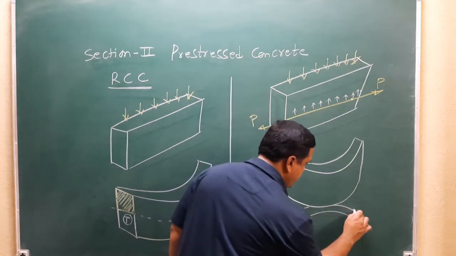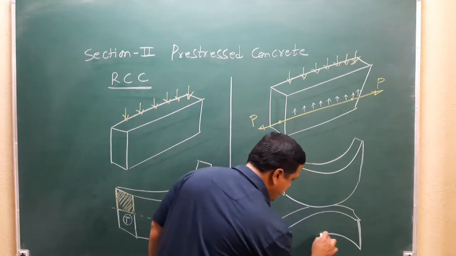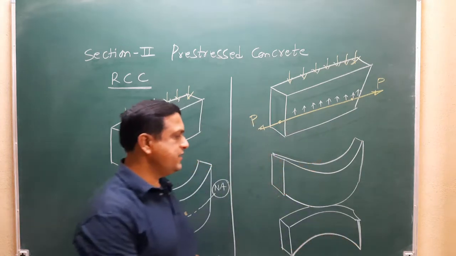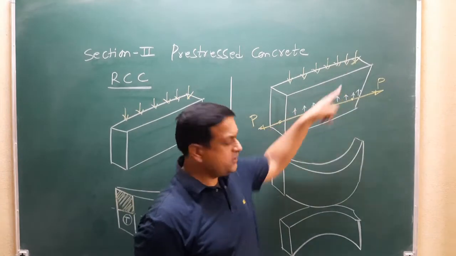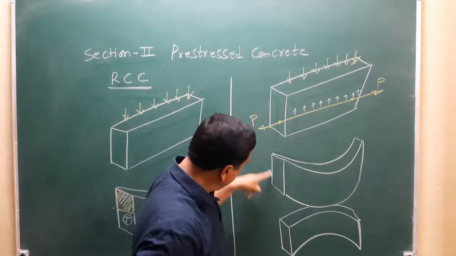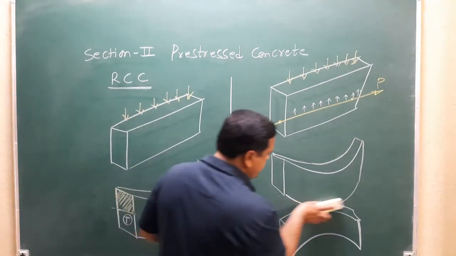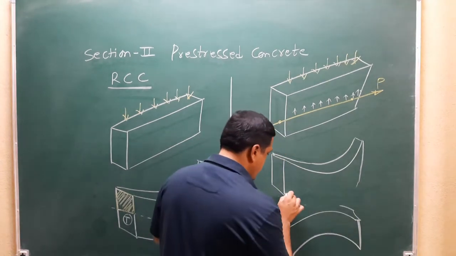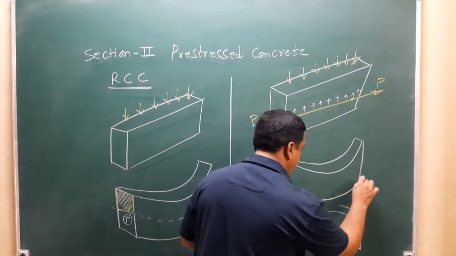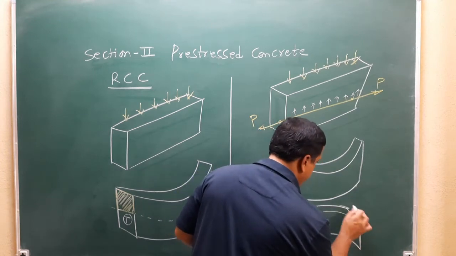This beam gets bent like this, isn't it? Okay. So due to external force, the beam bent like this. Okay. So I just want to rub this, because this picture I want to clear here. Okay. Yes. Now it is clear. Okay.